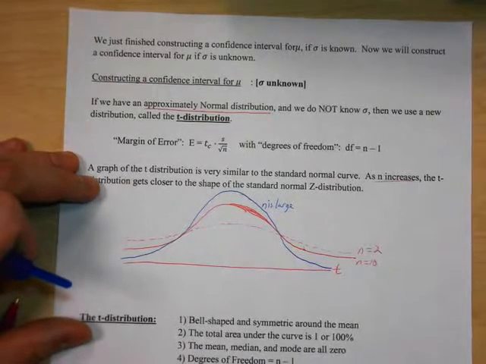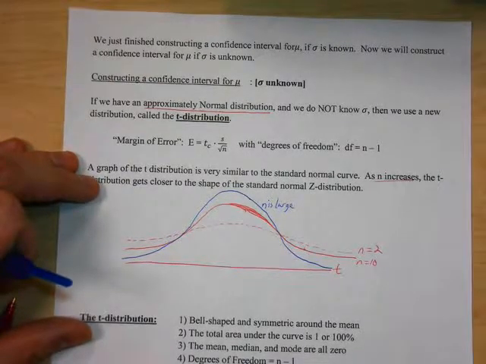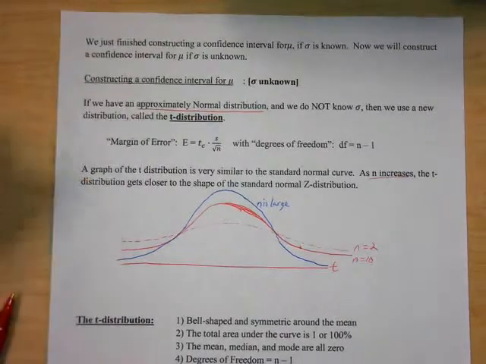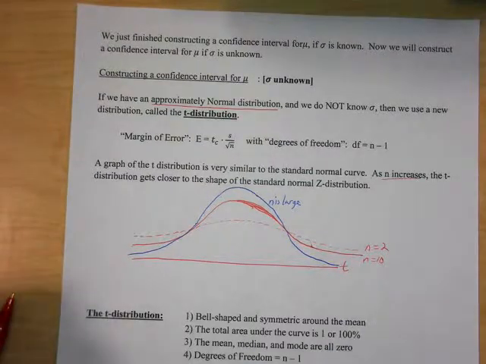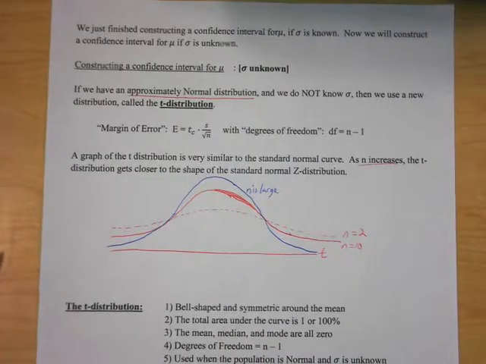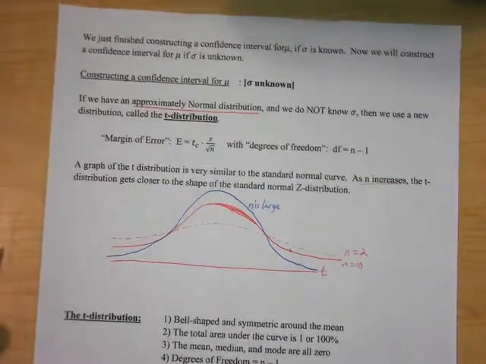Okay, so there n is large. So as n gets larger, we get more and more of that normal shape. Now, the theory behind all that is not important for us in this class because we're an elementary class. But that is what happens, and just be aware that there's a new distribution.